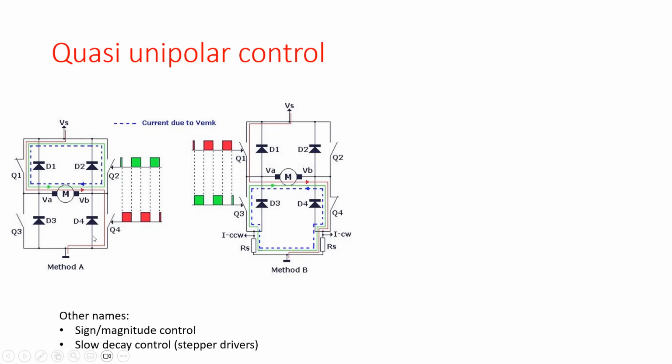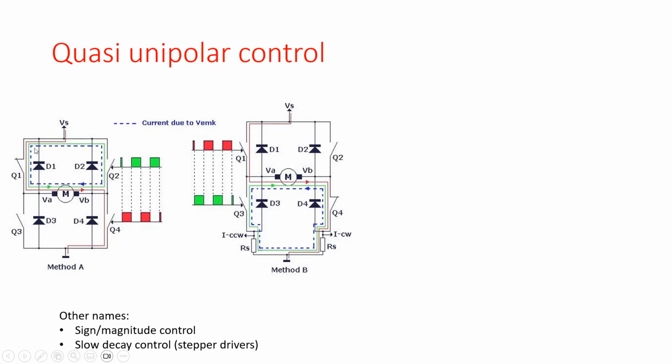But the main difference with the unipolar control is that we put the inverse PWM to Q2. And then let's see what happens. So when my PWM value is positive, then Q4 is closed, and then this is again my current path.